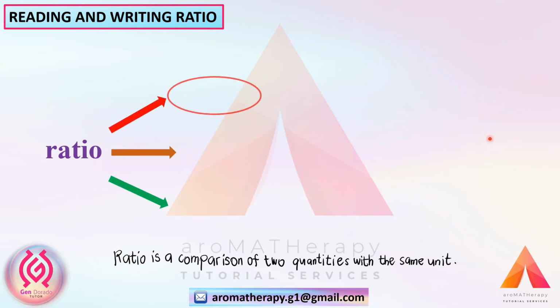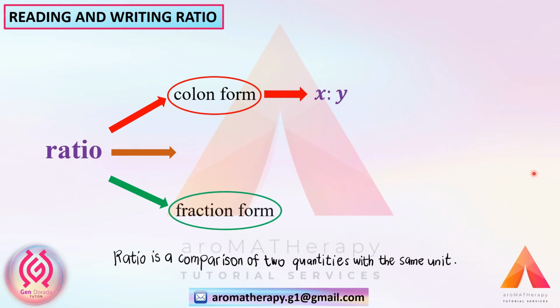First is the colon form, written as x colon y. Next is your fraction form, written as x over y. Colon is read as "is to", so this is read as x is to y.